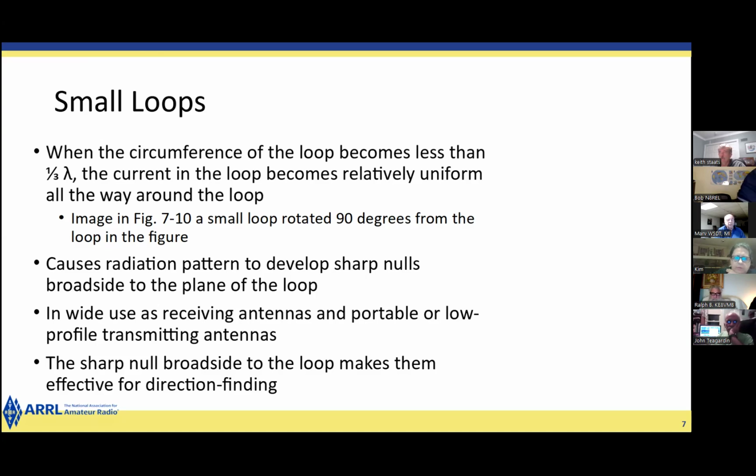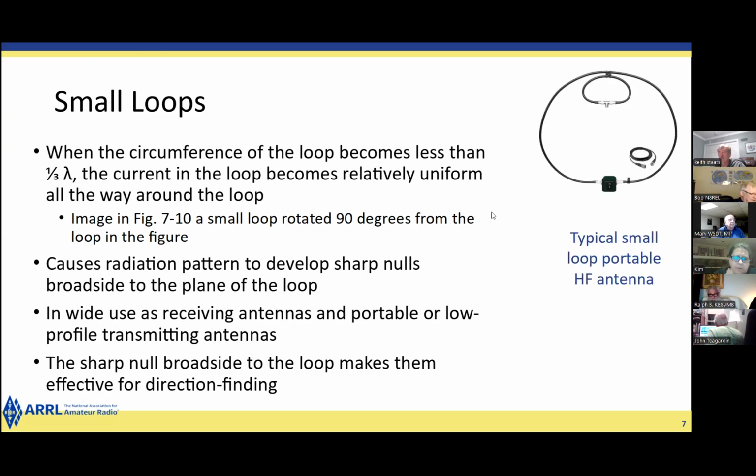There's a sport involved with direction finding and fox hunting, and they use loop antennas. There's a picture of one there.